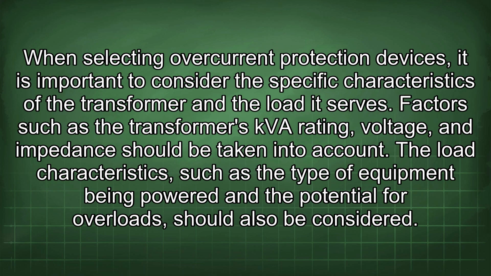When selecting overcurrent protection devices, it is important to consider the specific characteristics of the transformer and the load it serves. Factors such as the transformer's kVA rating, voltage, and impedance should be taken into account. The load characteristics, such as the type of equipment being powered and the potential for overloads, should also be considered.